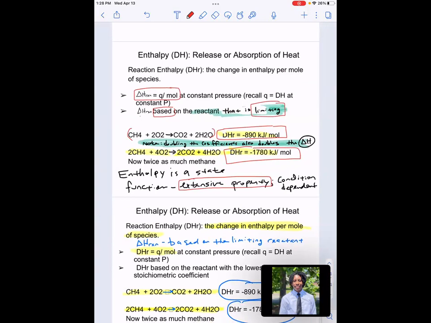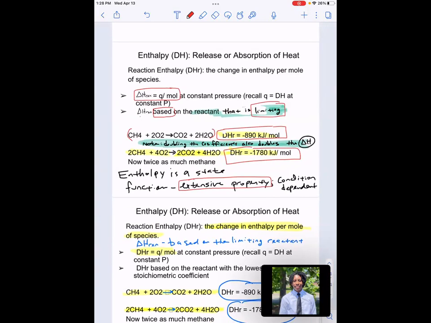All right, questions up to this point? Anybody about anything? But I think the key here is to understand that the delta H reaction is based on the limiting reactant. That's going to help us when we apply this to a problem, which we're going to do in a second.